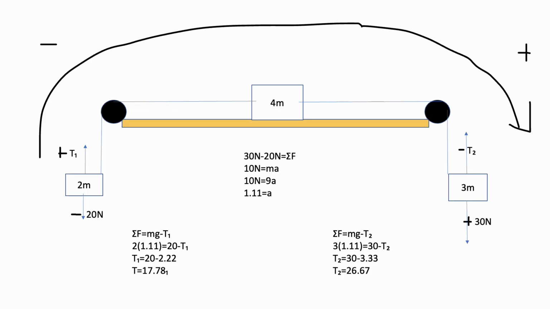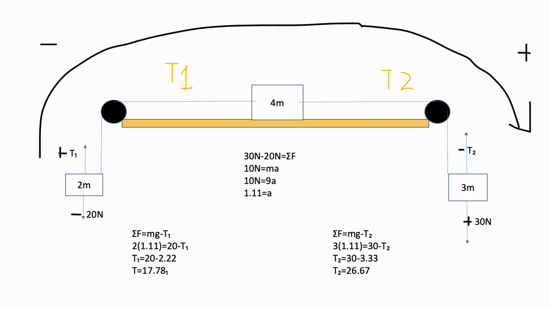So here is the other lab question. We've got two strings. This over here is T2, tension 2, and that's T1. We had to find the acceleration in order to find the tensions.